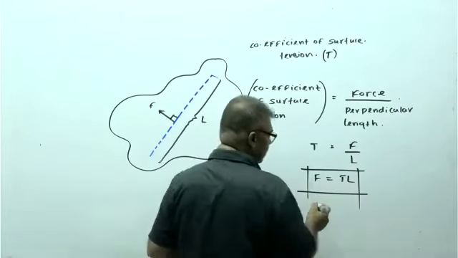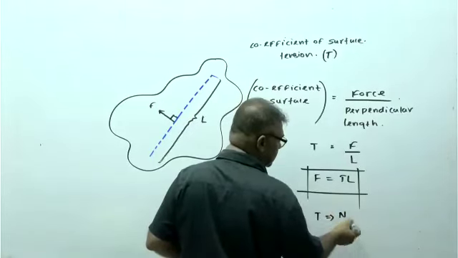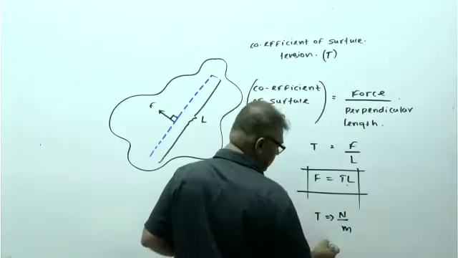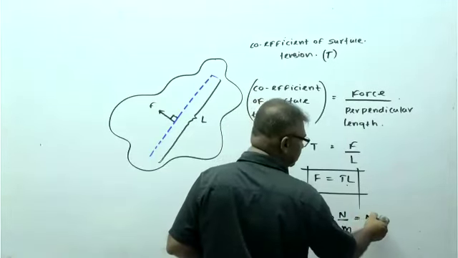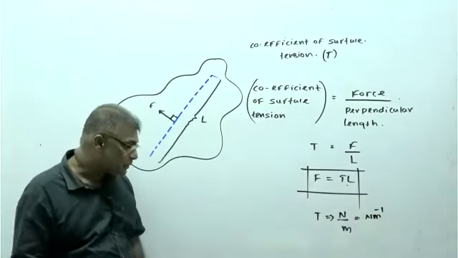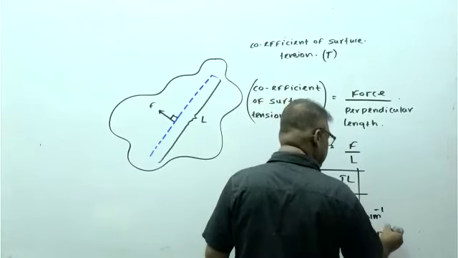F equals TL, so T becomes Newton divided by meters. It should be Newton per meter, right? It's Newton per meter. Dimension MT minus 2.